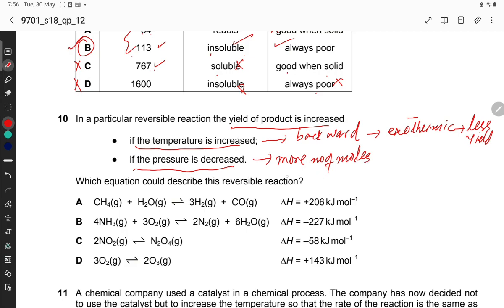So the product side must have more number of moles, and then the yield is increased.